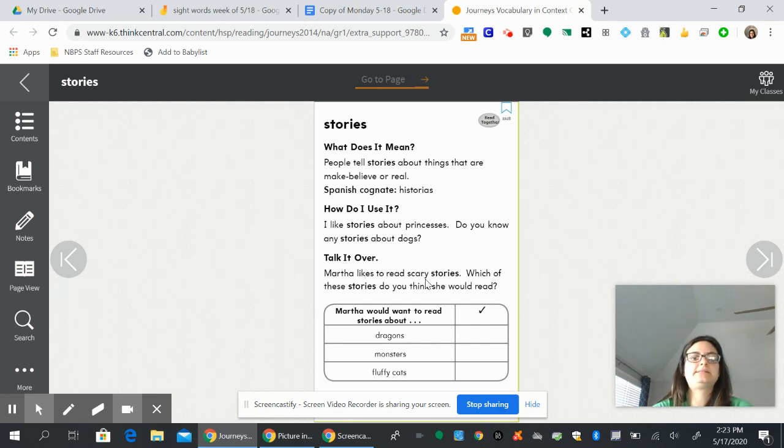So if she likes scary stories, thumbs up, thumbs down. Would she like a story about dragons? I would say yes, because usually the dragon is trying to get someone, right? So that's a little scary. What about monsters? If she likes scary stories, monsters, definitely thumbs up. That's scary. What about fluffy cats?